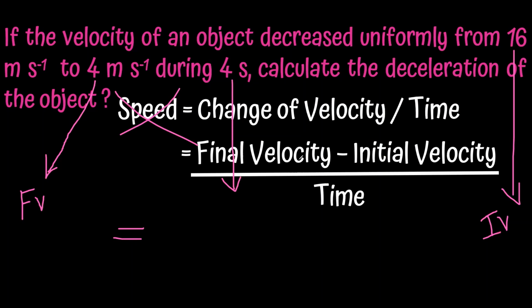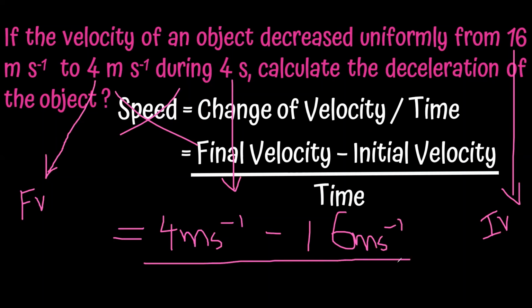Okay, final velocity minus initial velocity. So final velocity is 4 ms minus 1, subtracted by 16 ms minus 1. Time is 4 seconds.